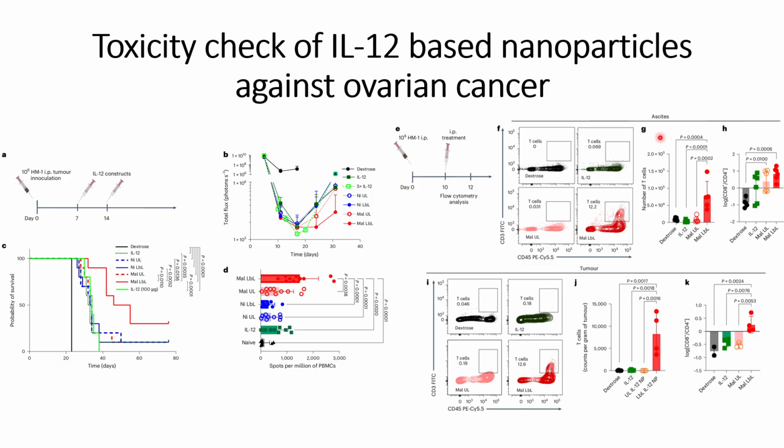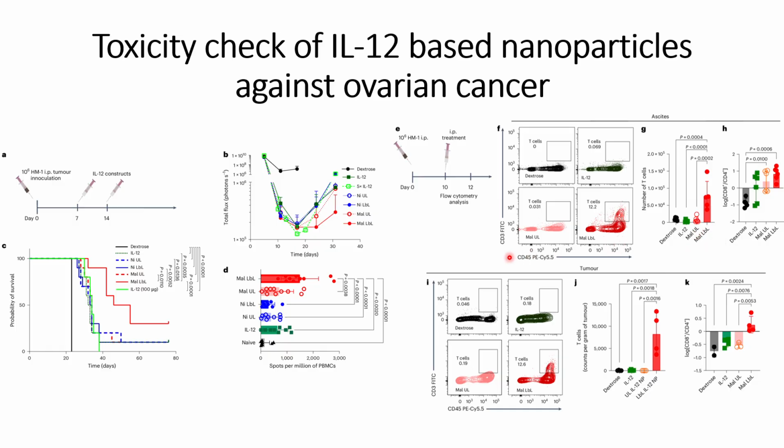They have quantified this in panel H also, where CD8 and CD4 positive cells are higher in the case of Mal-Lbl, and these CD8 and CD4 positive T cells are known to have an anti-tumor effect against ovarian cancers. They also check the total number of T cells, which are also increased in the case of Mal-Lbl in the tumor ascite sites.